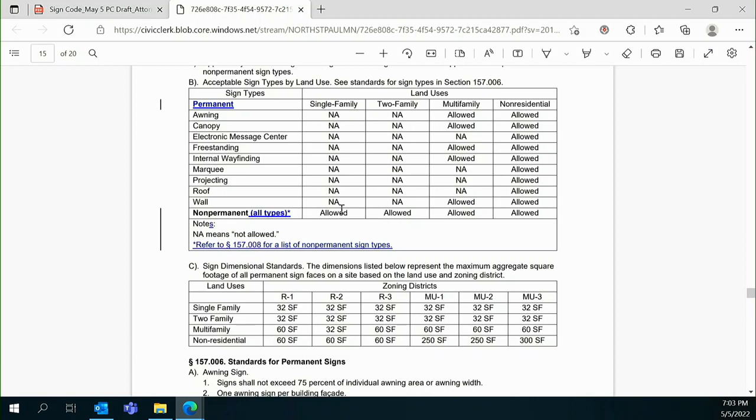It's still a single-family use. Is that making sense, Brandy? Sort of. I'm trying to draw it out. So let's say, what do we do for multifamily, where we have awnings allowed?